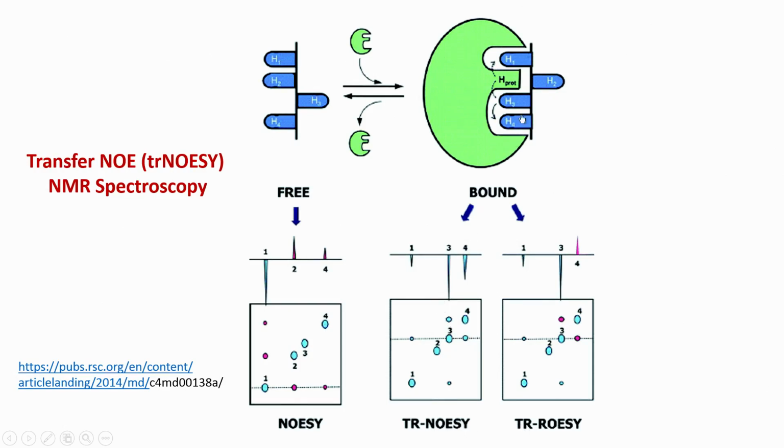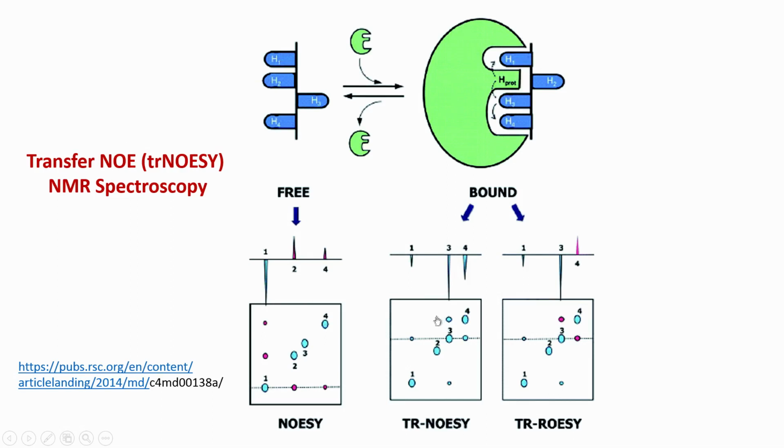Not only that, I am also able to see this small peak between 1 and 3, which was not there in this case. Why? Because 1 and 3 now have an intermediate proton from the protein molecule which gives the transfer of NOE from 1 to 3.